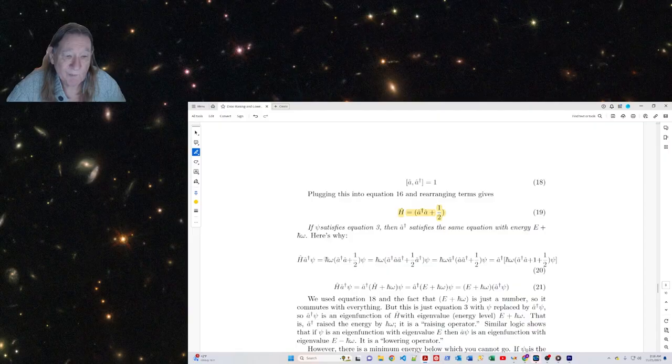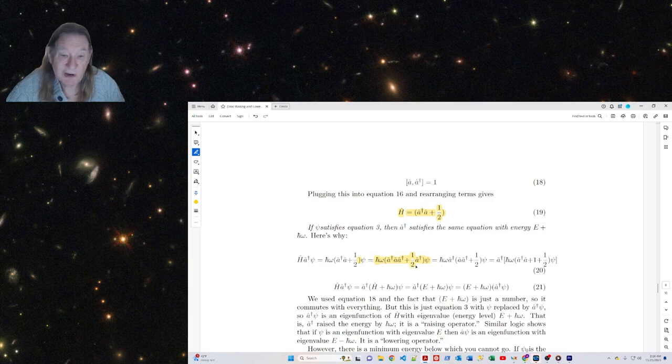So here, I just substituted the expression for the Hamiltonian. There should be an A dagger right here, which is omitted due to a typo. But I've got it here, so this is what you get.